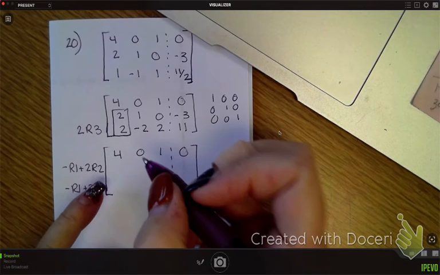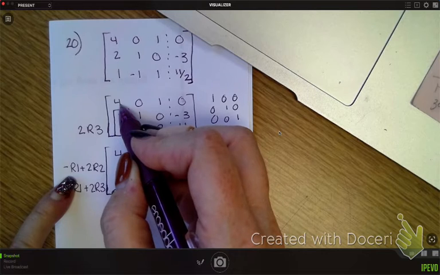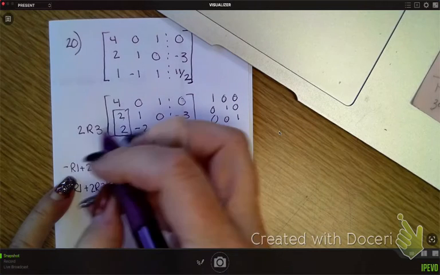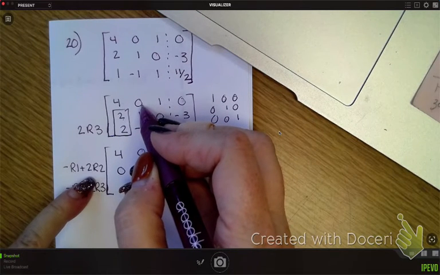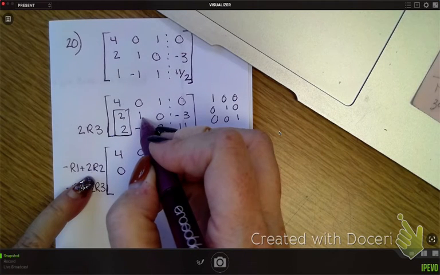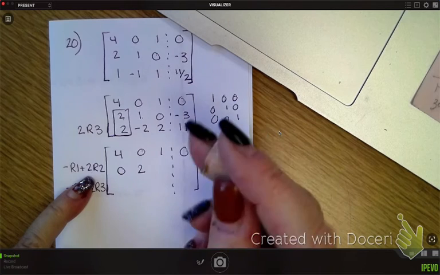Okay, so -1 times 4 would be -4, yes? Plus 4 is what? 0. Well, -0 is still what? 0. And then 2 times 1 is 2. So 0 plus 2 is 2. Are you having to keep numbers in your head for about 2 seconds?